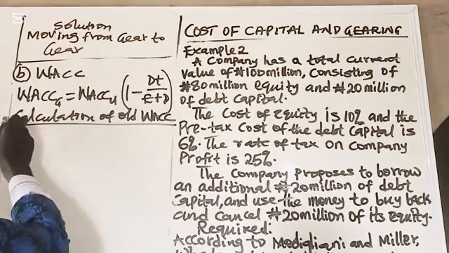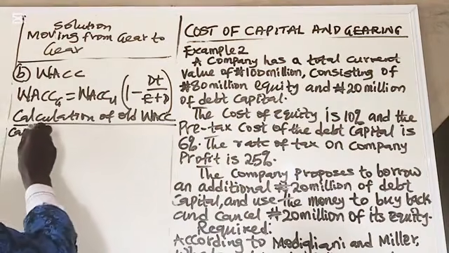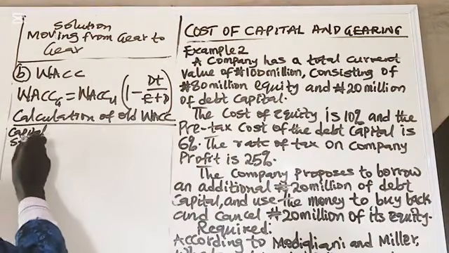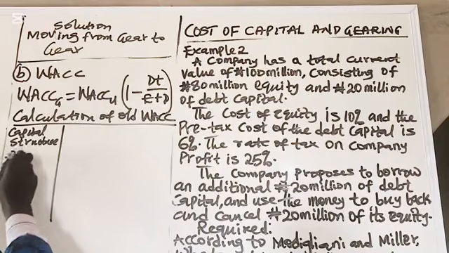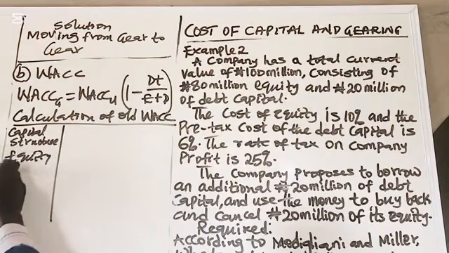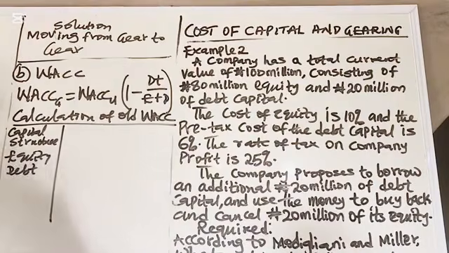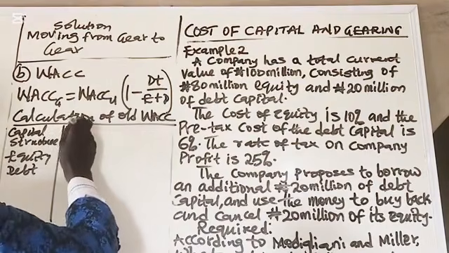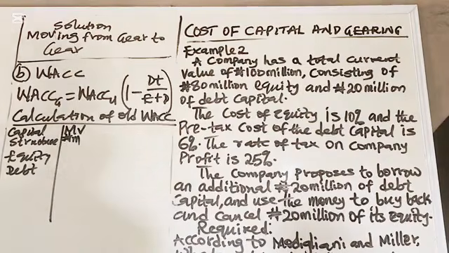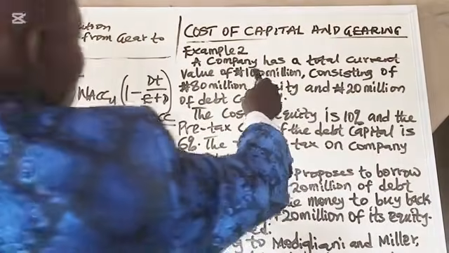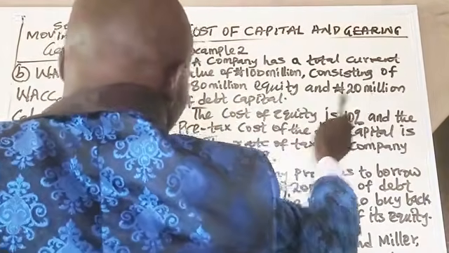So we have a capital structure consisting of equity and debt. You have the total value of the firm to be 100 million, consisting of 80 million equity and 20 million debt.